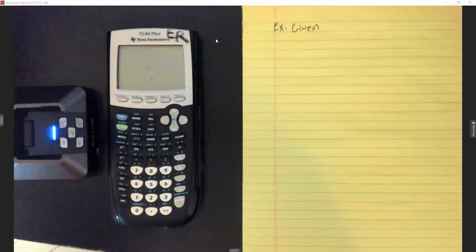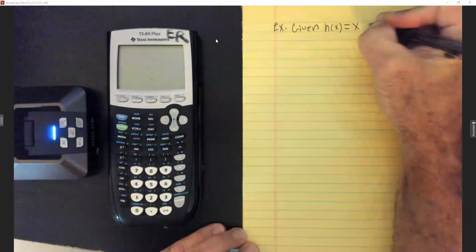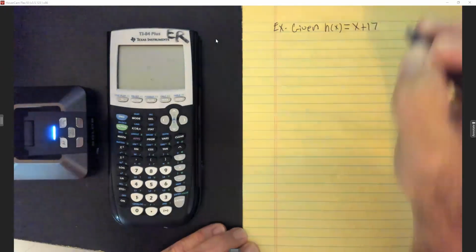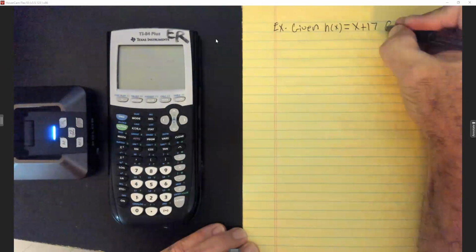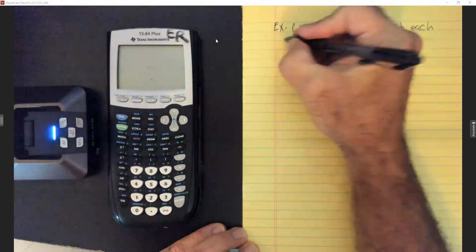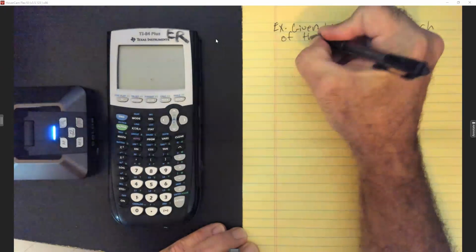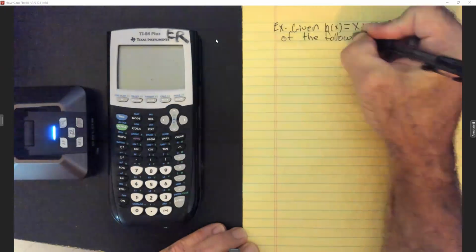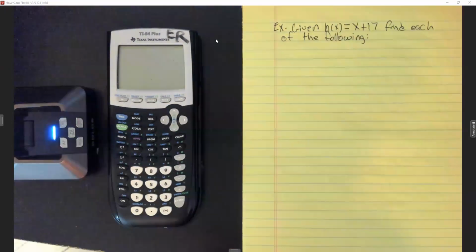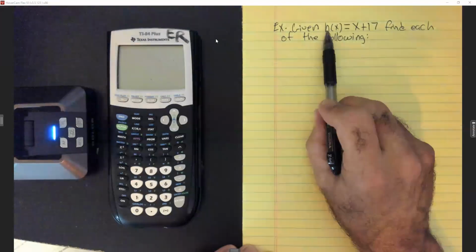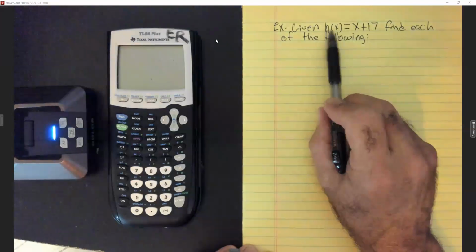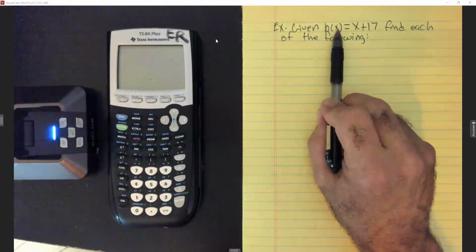All right, y'all, so this one says, given h of x equals x plus 17, we're going to find each of the following. Now, the thing you got to realize, this h of x, we don't do nothing with it. It's just going to tell me that x is my variable in this expression.